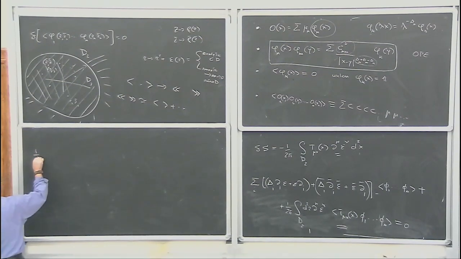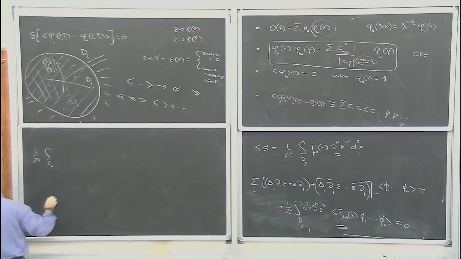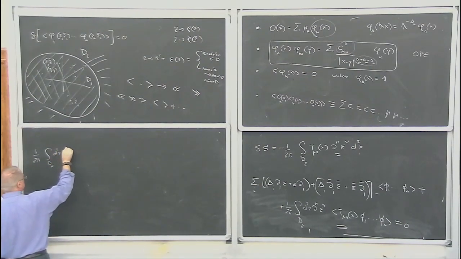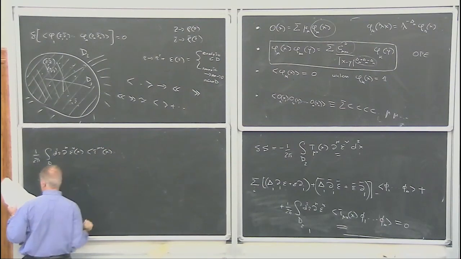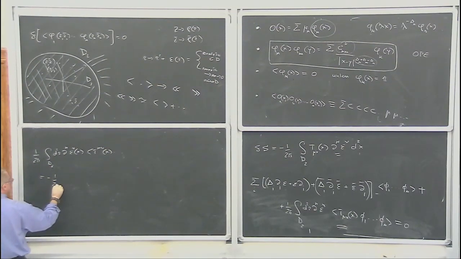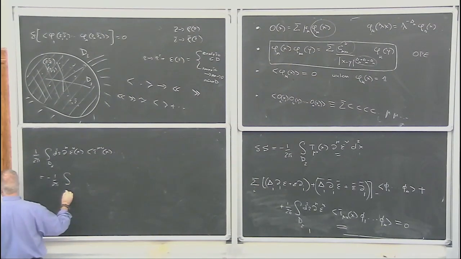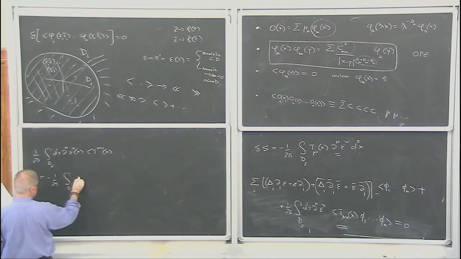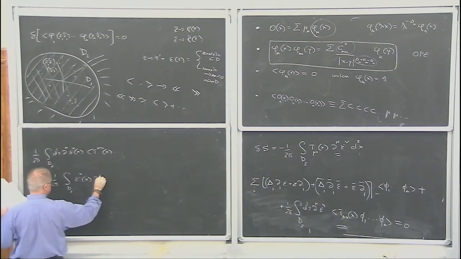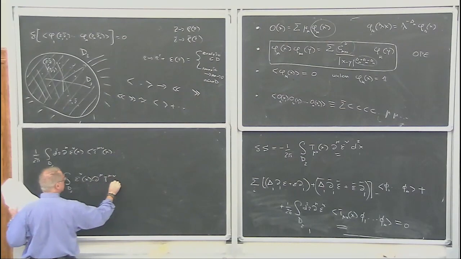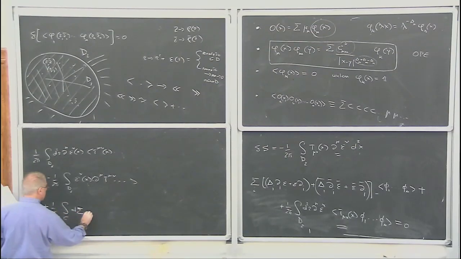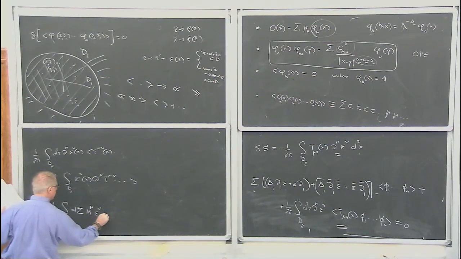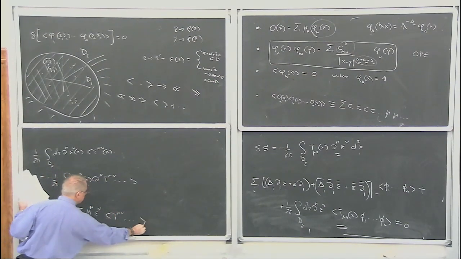So 1 over 2 pi integral on D2 of ∂ epsilon is equal to minus 1 over 2 pi integral on D2 of the sum over i of epsilon_nu times the derivative of these fields, plus 1 over 2 pi integral on the surface of n_mu epsilon_nu T_mu_nu, blah blah blah.